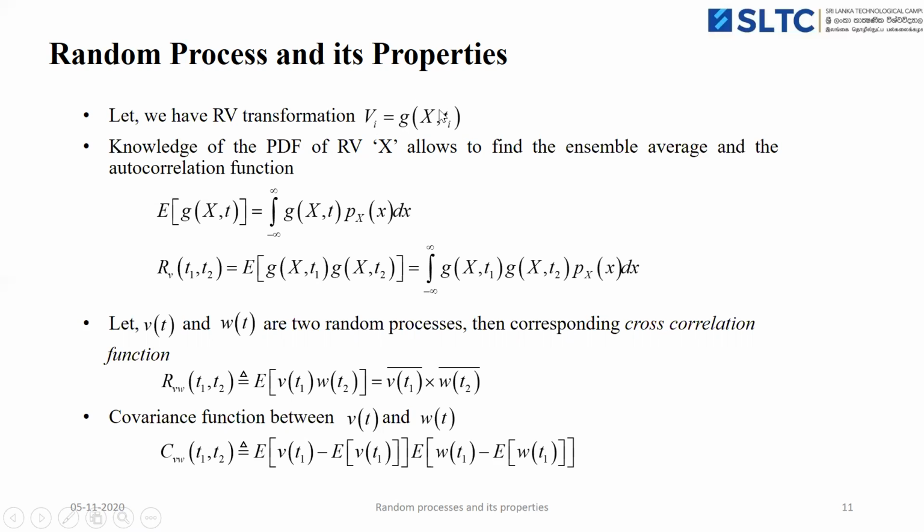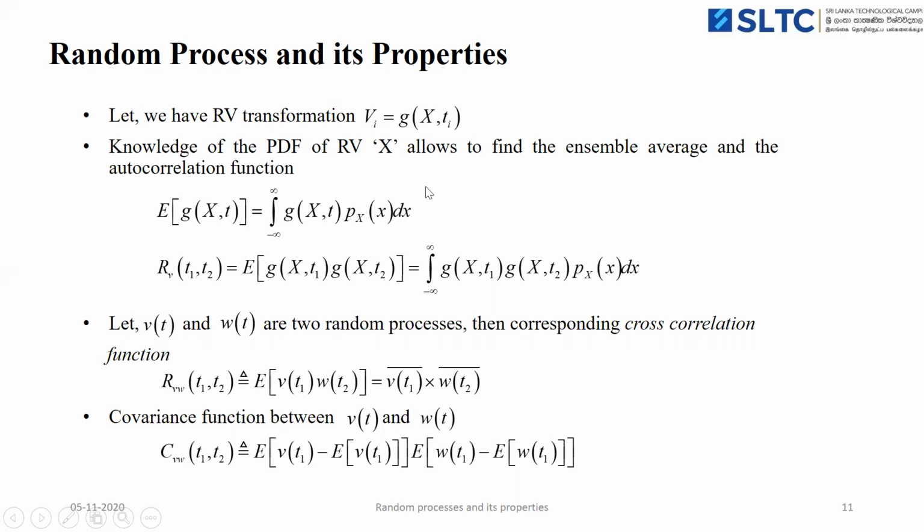In this function, we can find the mean value for this transformed random process if we know the PDF function of the random variable X.